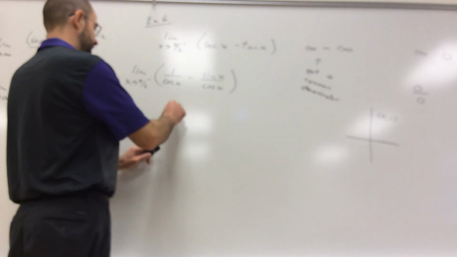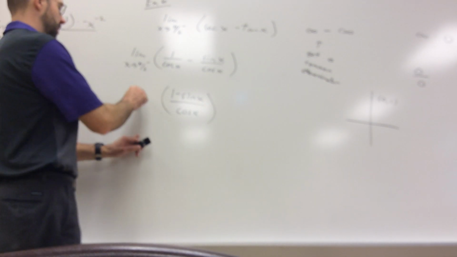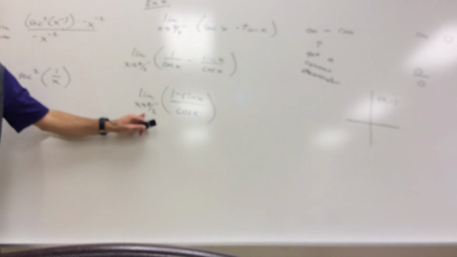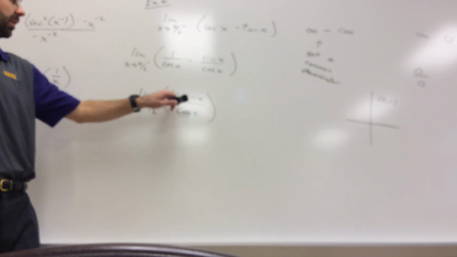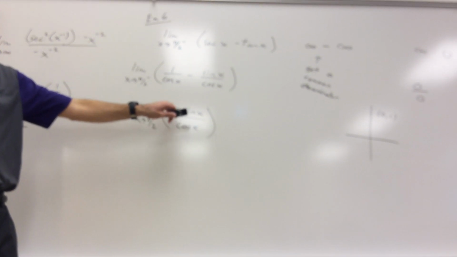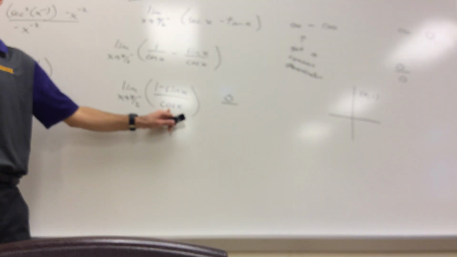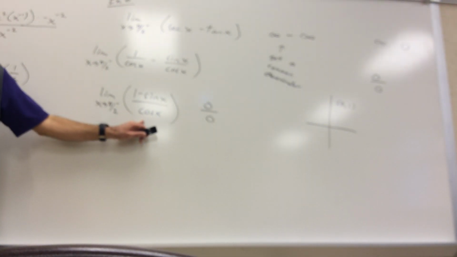Okay, so this is 1 minus sine over cosine. Sine of pi over 2 is 1, and 1 minus 1 is 0. So the top's coming out to 0. And the cosine of pi over 2 is 0. So the bottom's coming out to 0. And that's good news because that means L'Hopital's rule applies.